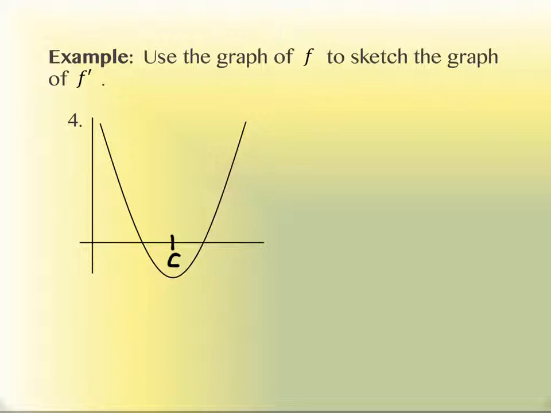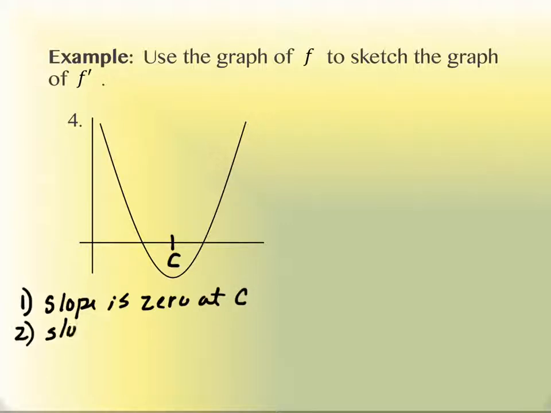All right, so let's do the same thing we did before. Step number 1, tell me, where is the slope 0? Yeah, the slope is 0 at C. Step number 2, tell me what is happening as you move from left to right. In other words, from the far left of the graph, negative infinity, until I get to the place where it changes to 0, what happens?